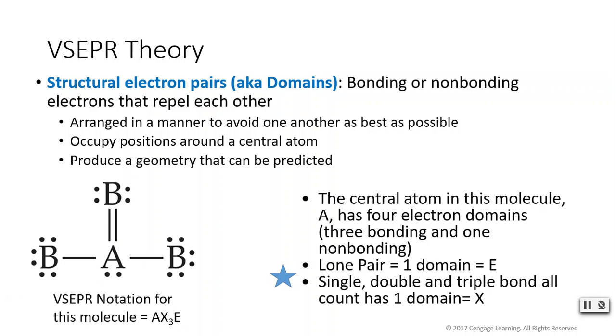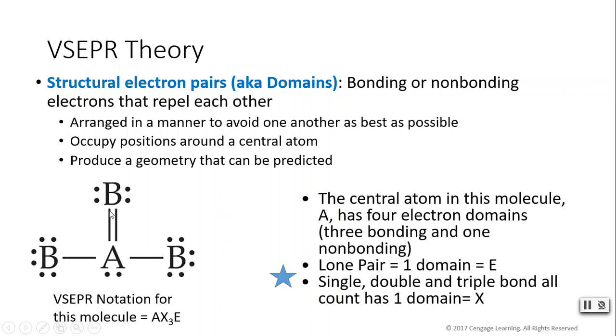So that is how you determine the VSEPR notation for a particular Lewis dot structure. You use this AXE notation, A standing for the central atom, X representing the number of bonded groups to that atom. And for the VSEPR notation, it doesn't matter if the bonded groups are single, double, or triple bonded, or if they're even identical.